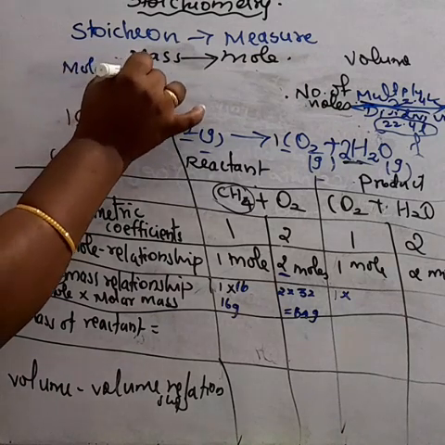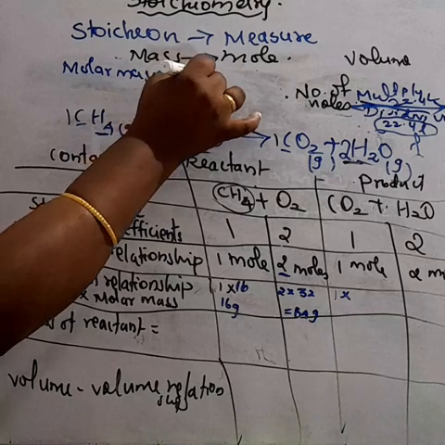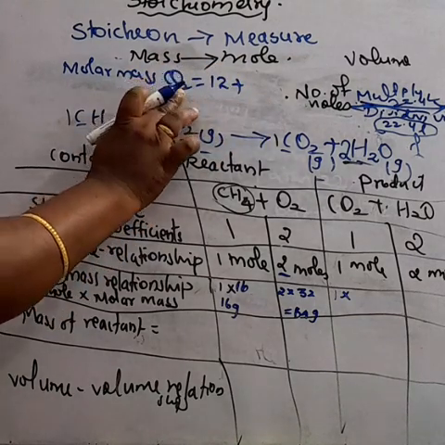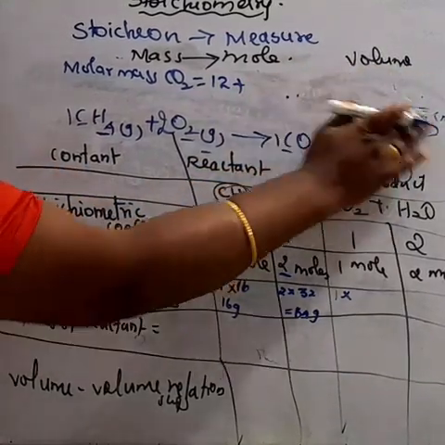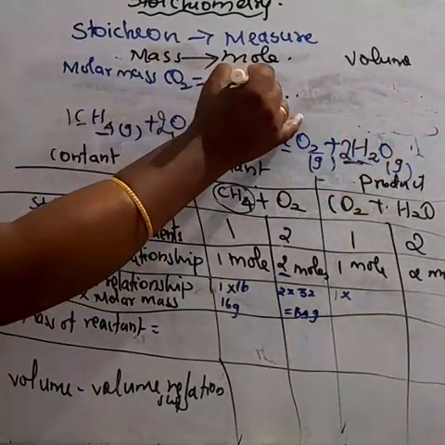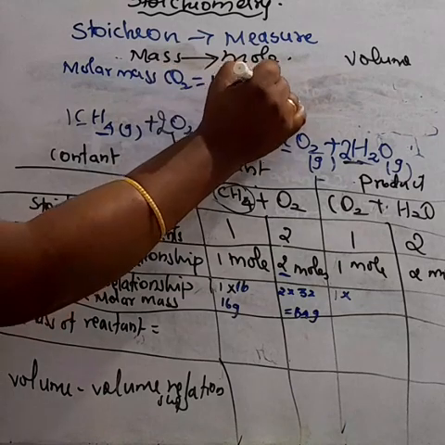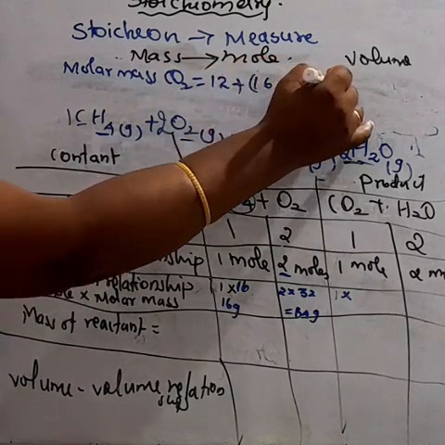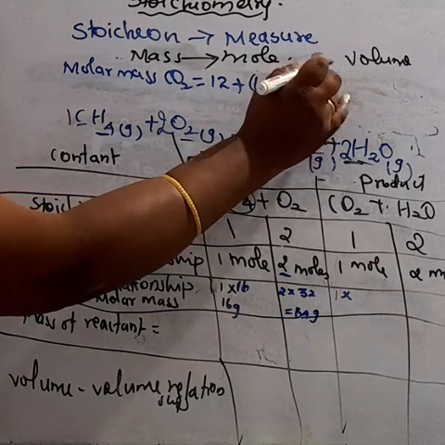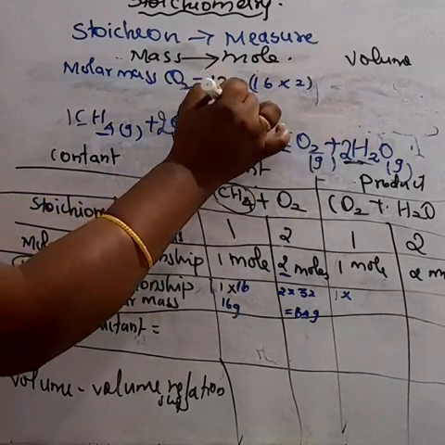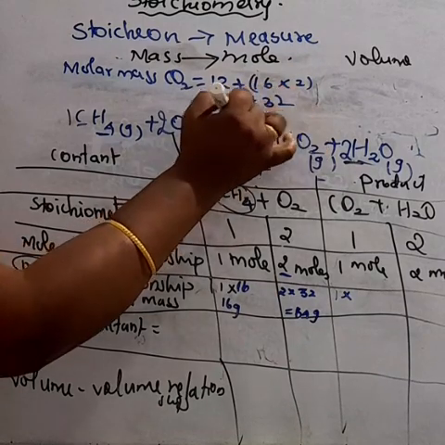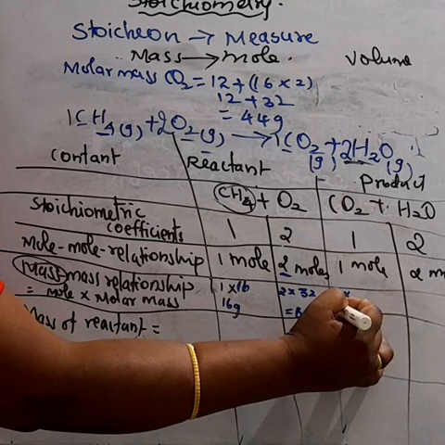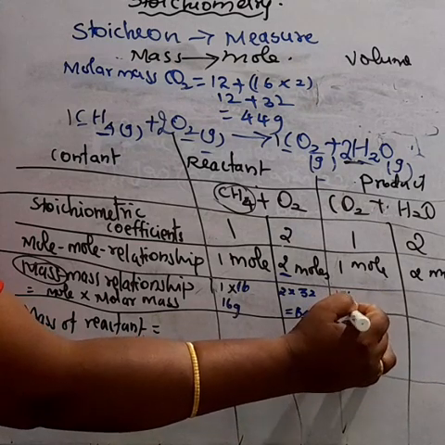Carbon atomic mass 12 plus oxygen atomic mass 16. How many oxygen atoms are here? 2 oxygen atoms, so 16 into 2 is 32. 32 plus 12 is 44. So the mass here is 44 gram.